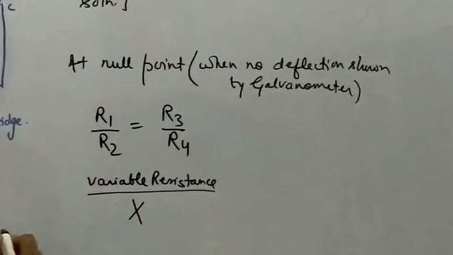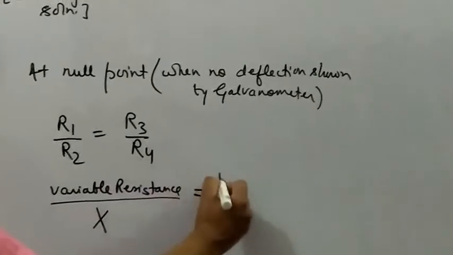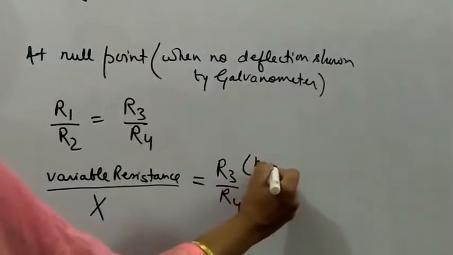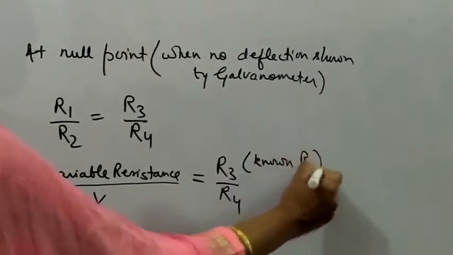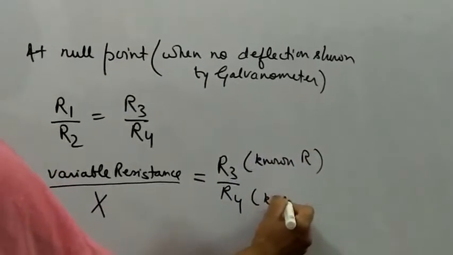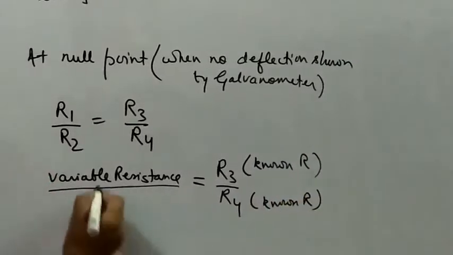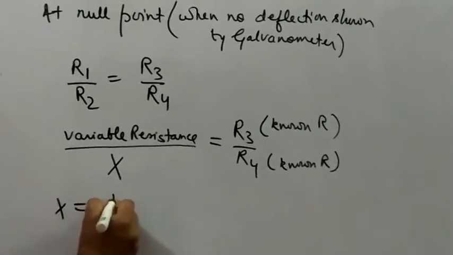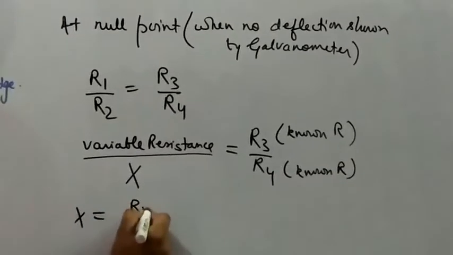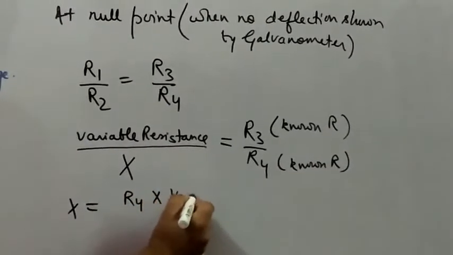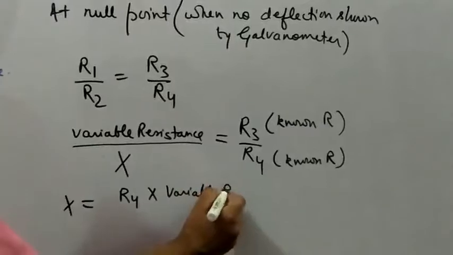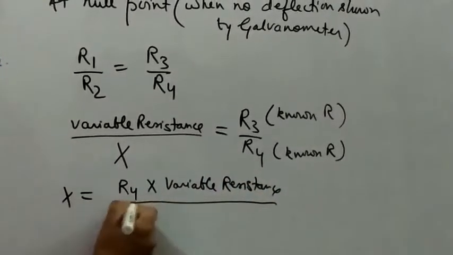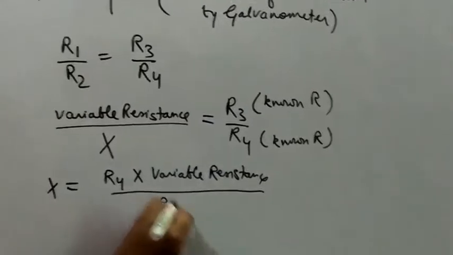We are putting it as capital X, and the R3 and R4 values will also be known to us. These are known resistances. So from here we can easily find out X.